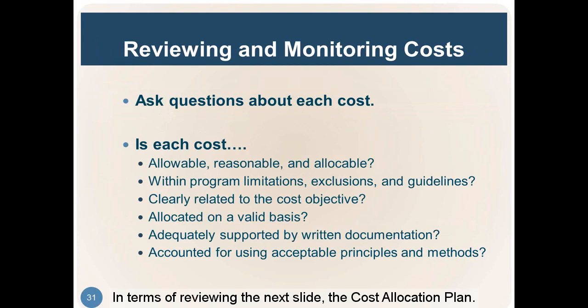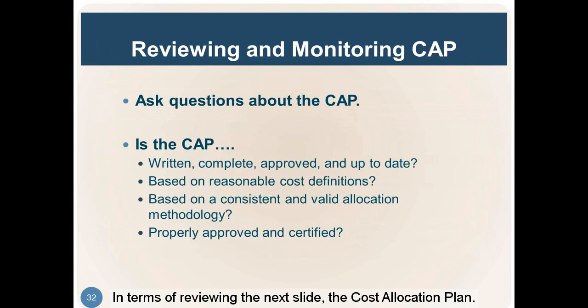In terms of reviewing the cost allocation plan, just to review, you want to make sure it's written, complete, approved, and up to date. And you can determine how often you need to look at the cost allocation plan, but it might be something you want to look at annually, especially looking at any changes in the cap.